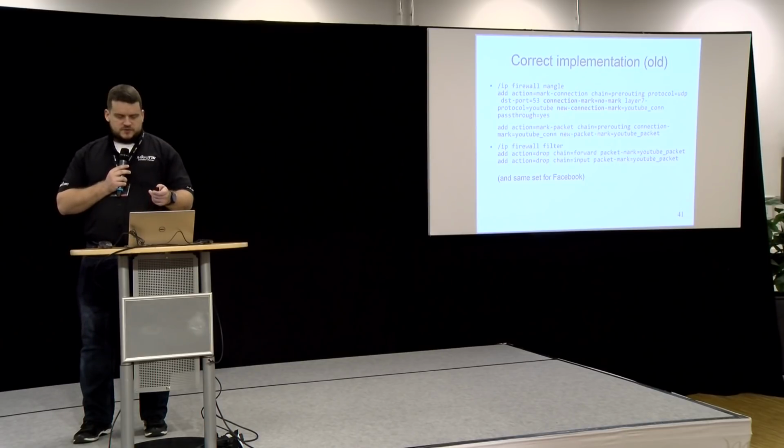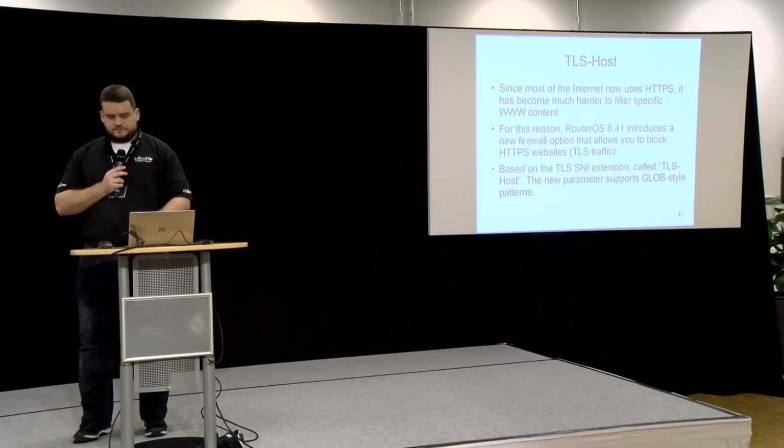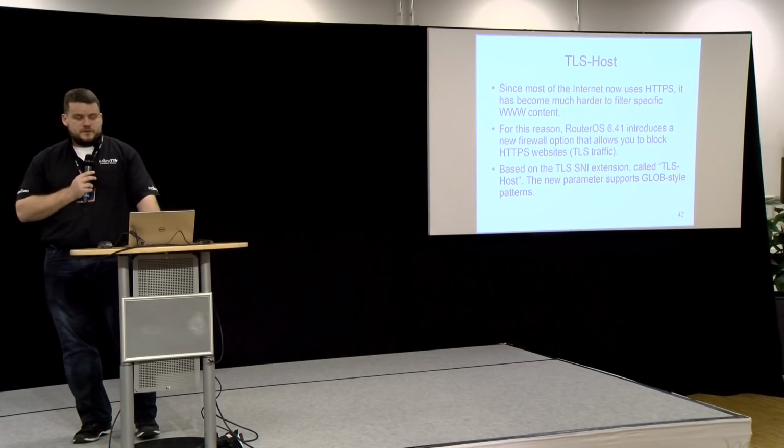But as always, everything is improving. There's a new feature, TLS Host. Now most internet use is HTTPS sites, which is much harder to catch. So in 6.41, we introduced this firewall option that allows you to block these sites based on this TLS traffic.